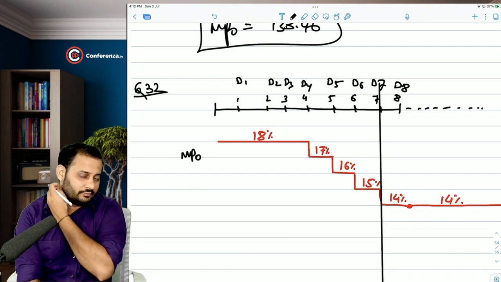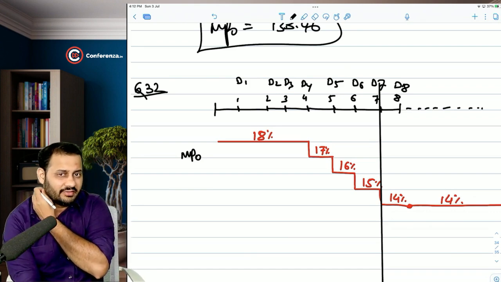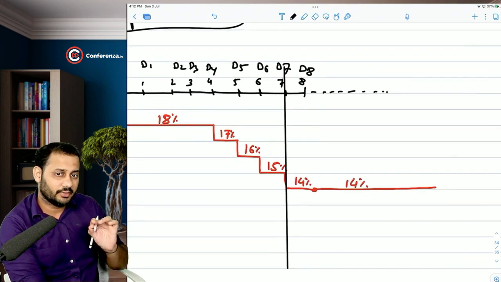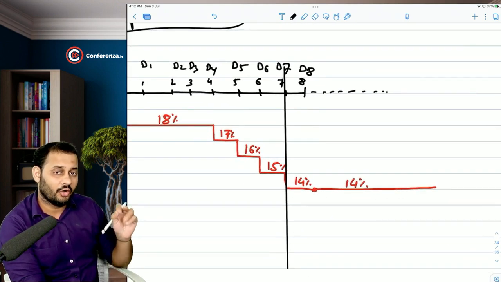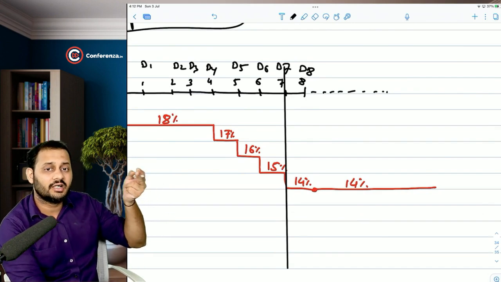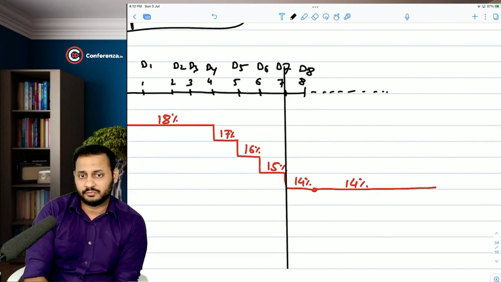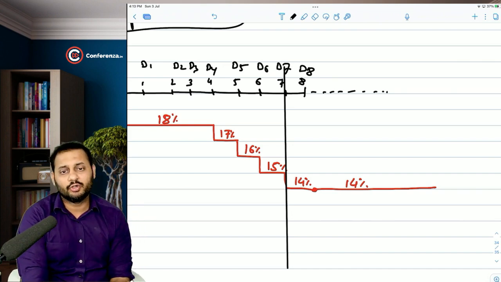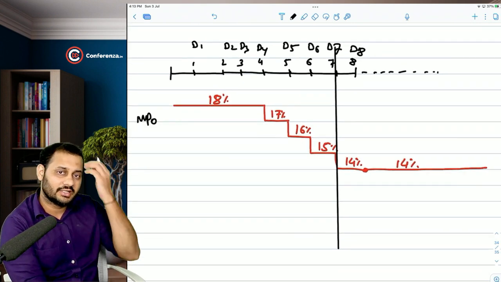But you can clearly see after D7 or after 7th year, the perpetuity growth rate has started, not after 8th year, but it started after 7th year itself. Because we can see the same growth rate from after 7th year, 14% onwards. So we can close all our calculation till 7th year itself.